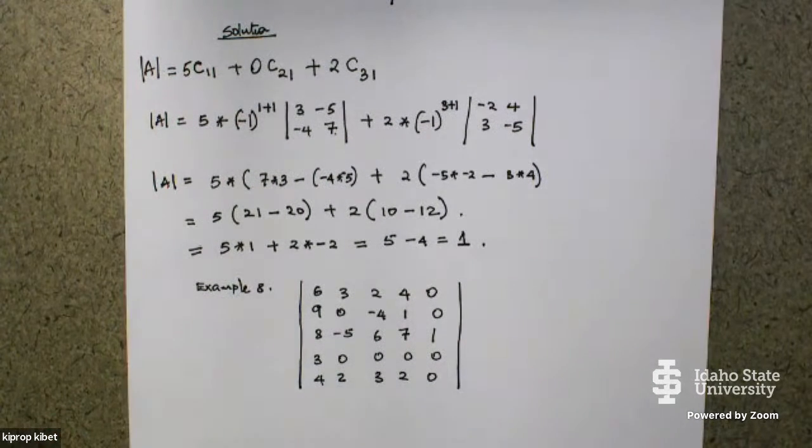Find the determinant. So again, you look at the row or column which has as many zeros as possible. In this case, you can use the fourth row here.